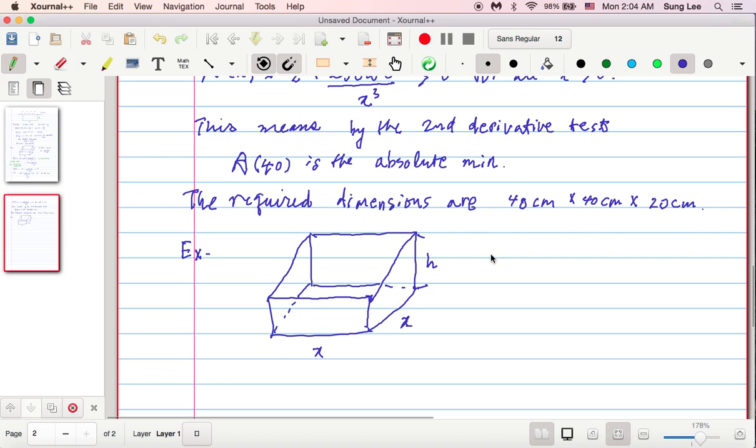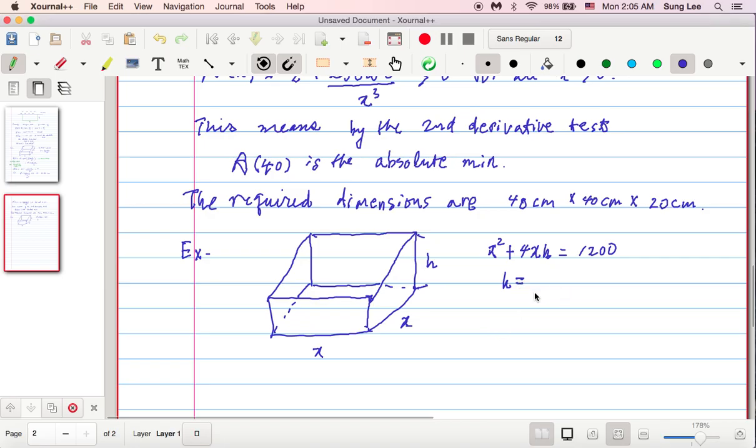So this is our constraint: x squared plus 4 times xh equals 1200. Okay, that's 1200. So this allows us to solve for h, right?